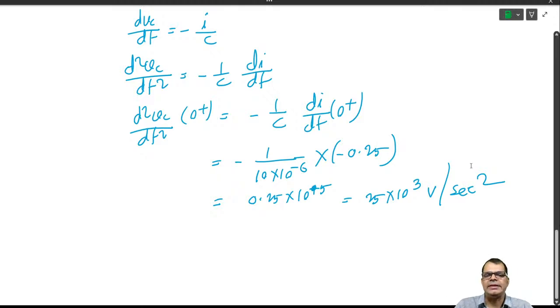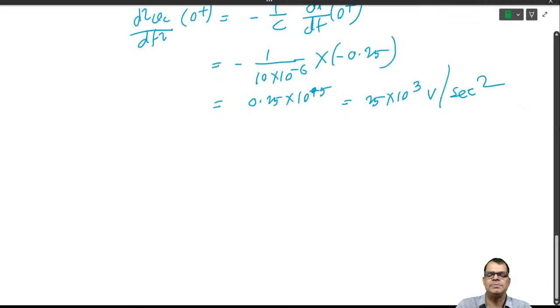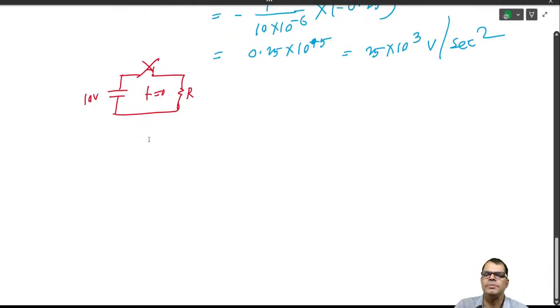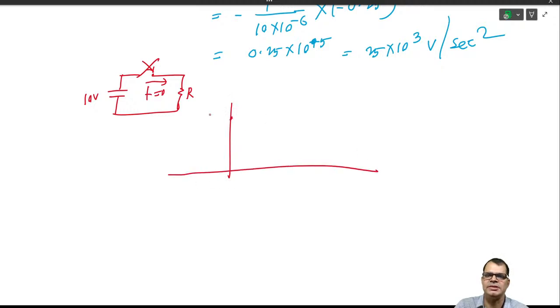You can easily see the general shape of the response. Whenever you have a capacitor with some voltage, 10 volt, and you have a switch and a resistor, and you close the switch at t equal to 0, if you want to draw Vc or I, the general curve will be, for Vc, 10 volt initially, then an exponential decay, ultimately 0.